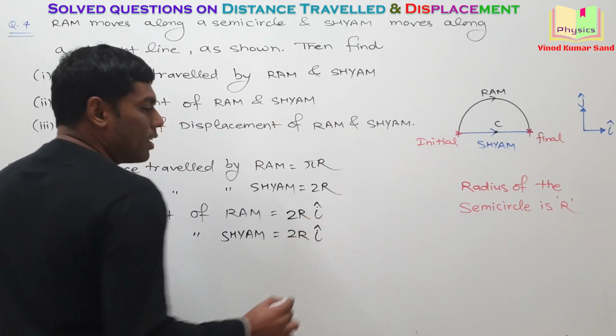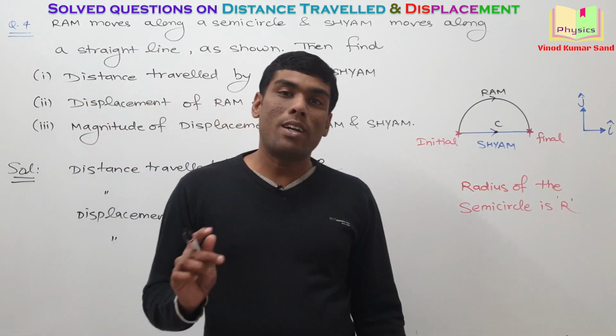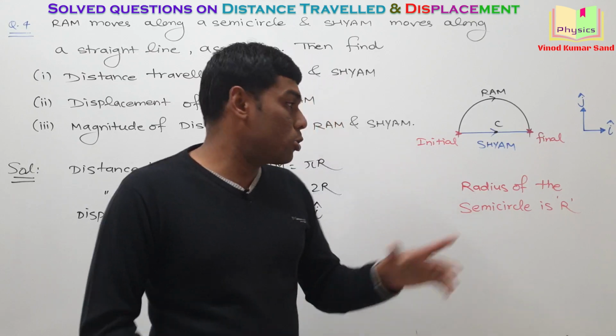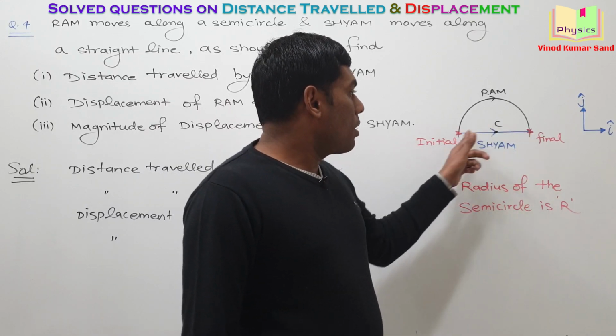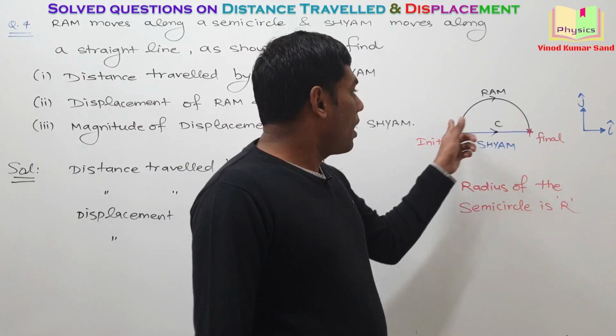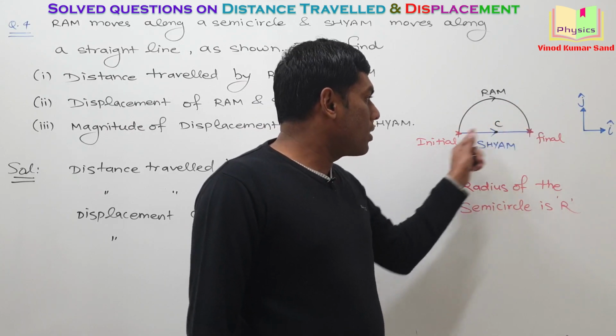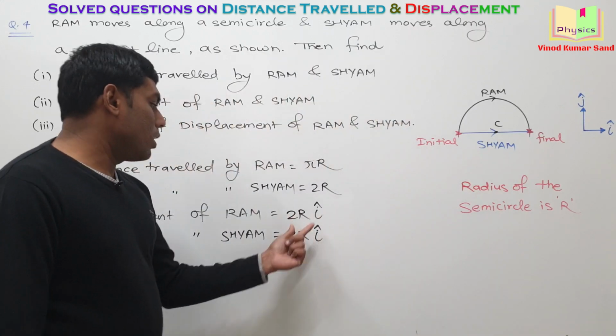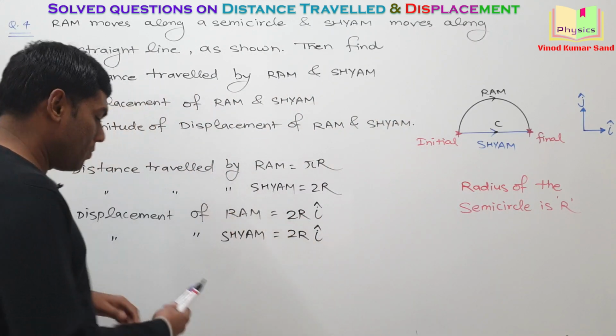We had the talk that displacement is independent of the path chosen between the initial and final position. Here initial and final position has been fixed. Now you take up this path or you take this path or you take any other random path. The displacement will always remain same.